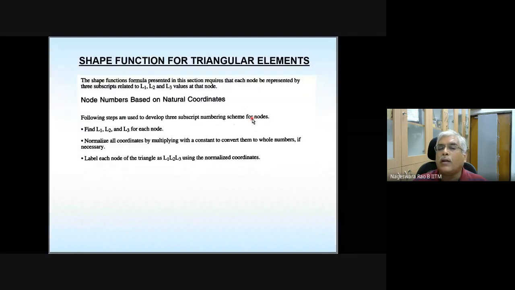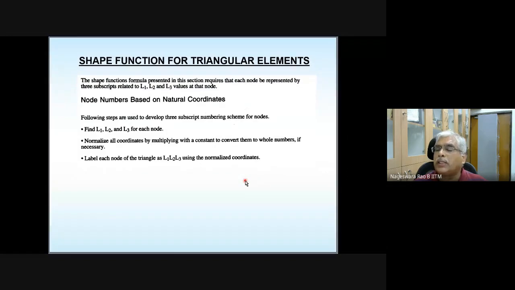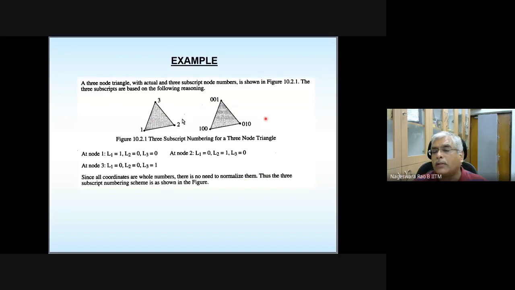And since we developed here some procedure, we can apply this procedure to this 3-node triangular element to verify whether I get the same thing or not. So we got it now. So that procedure is correct. This is one way of verifying this procedure.